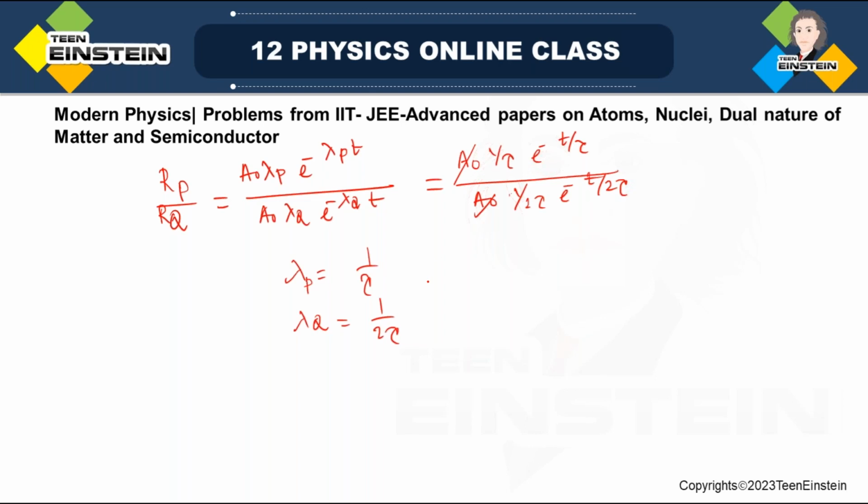This A0 we can strike out, and this tau also will get cancelled, so 2 is there.